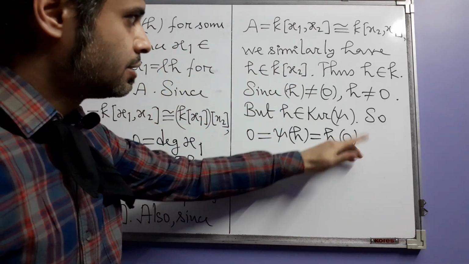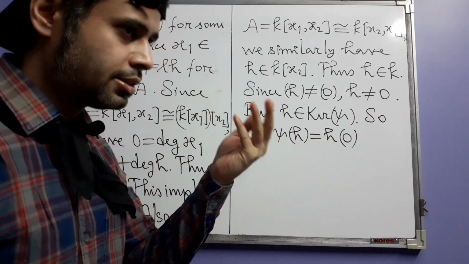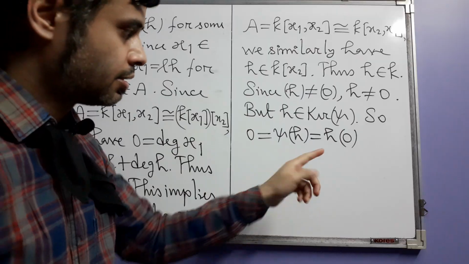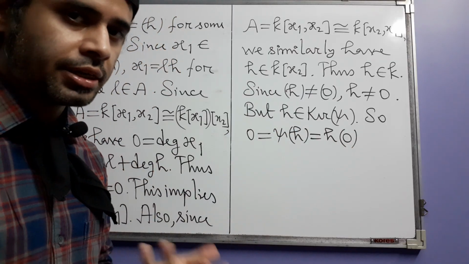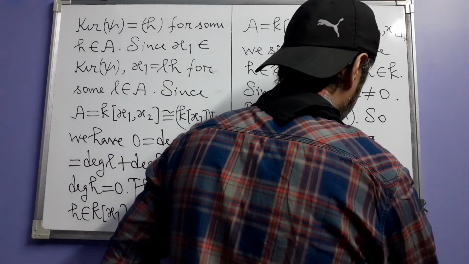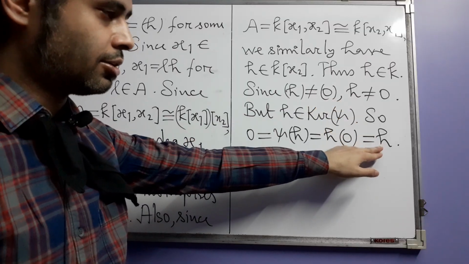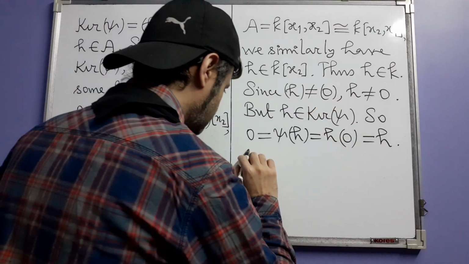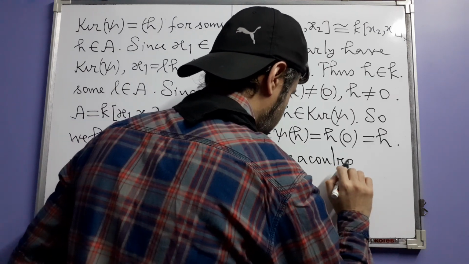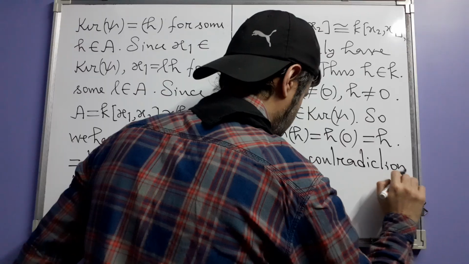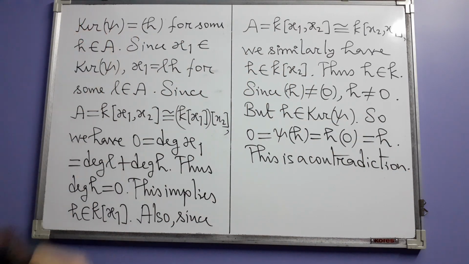Now combined with this information that H actually is a field element, so if you evaluate, H is a field element means it's constant. If you evaluate that at 0, what will you get? You will get just H. And you have got a contradiction that H should not be 0 and also should be 0. That is why this supposition is wrong.